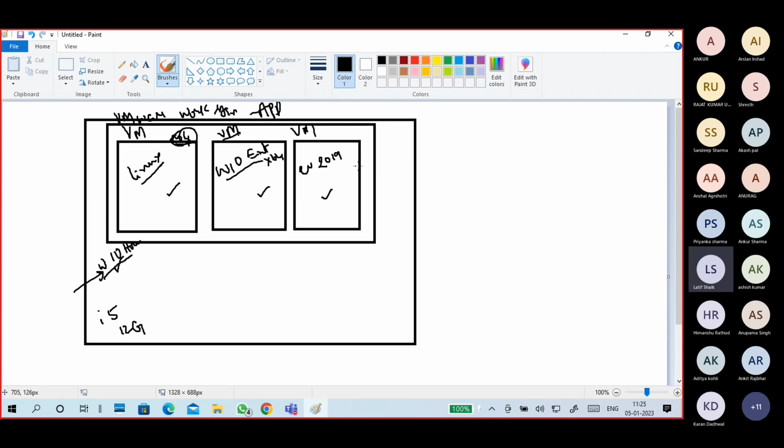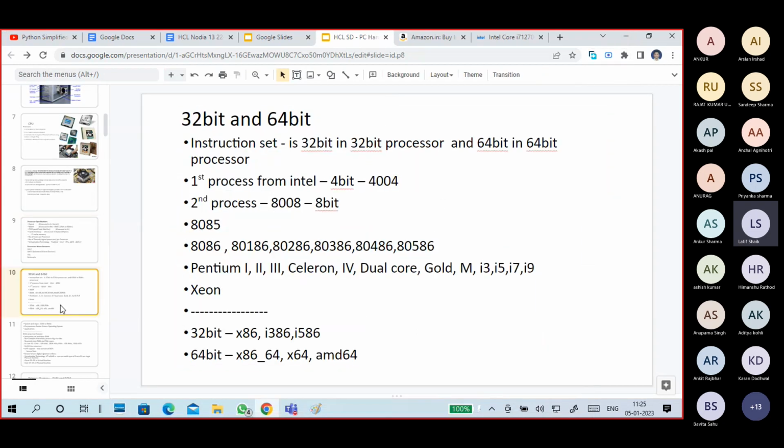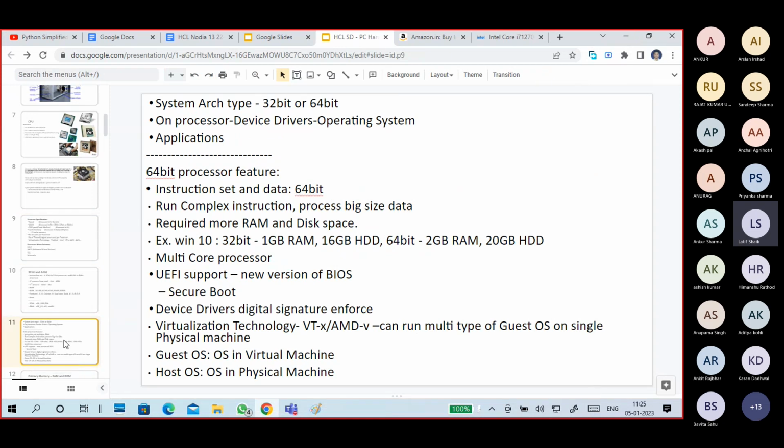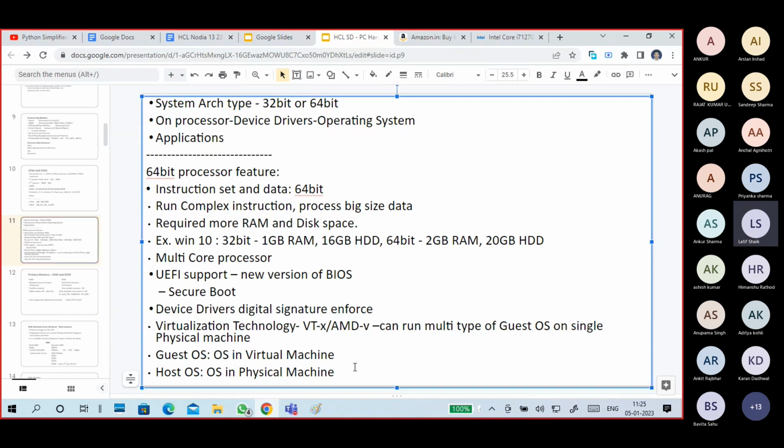With the help of this application, I can create and run these virtual machines. To create and run virtual machines, this virtualization technology must be enabled in your processor. Then only it is possible. To run multiple guest operating systems on a single physical machine, we need virtualization. Guys, do you understand up to here?